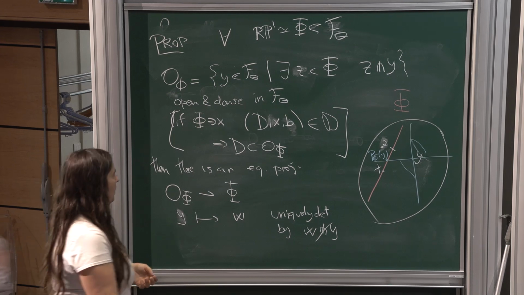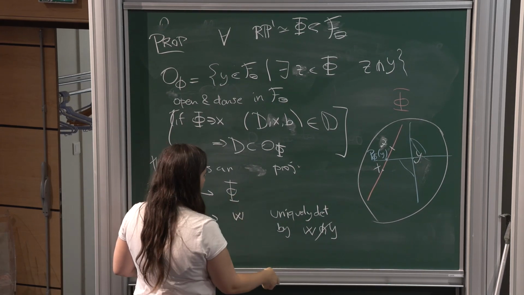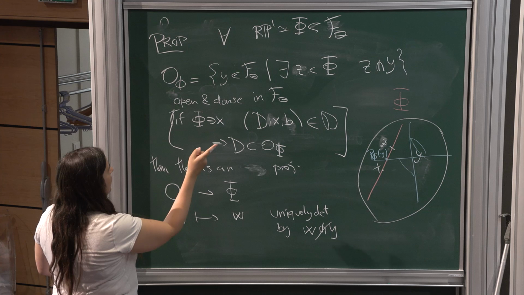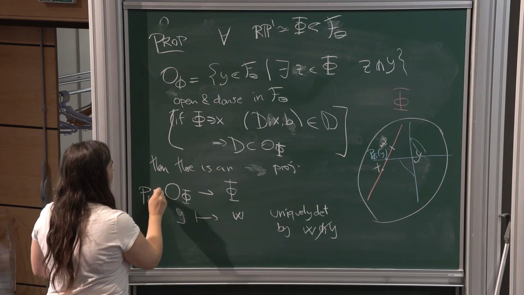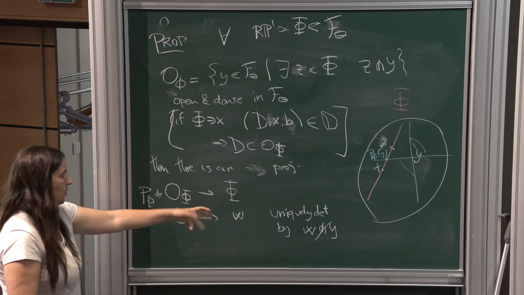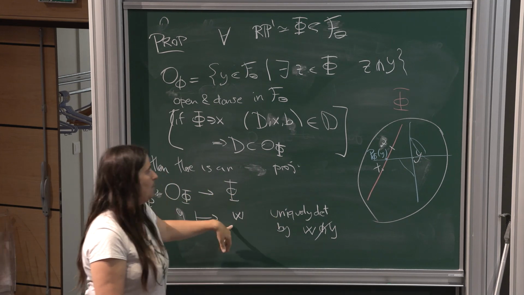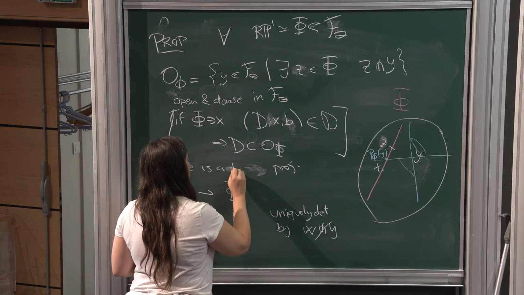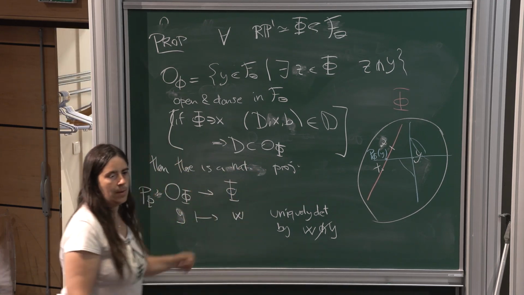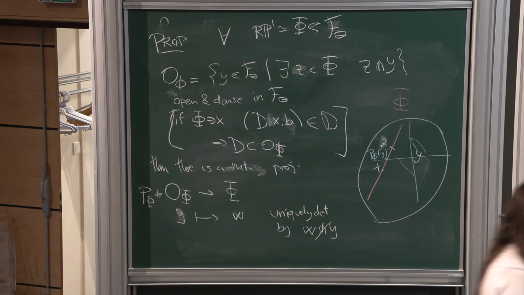Sorry, so w here is p phi of y? Yeah, sorry. This is p phi from O phi to phi, the unique point determined like this. There's a natural projection this way. Okay, let's try to bring this home in 7 minutes.